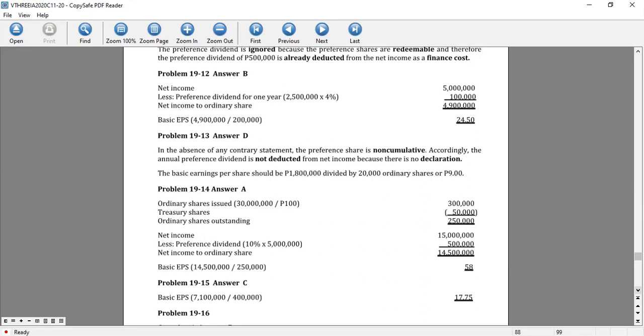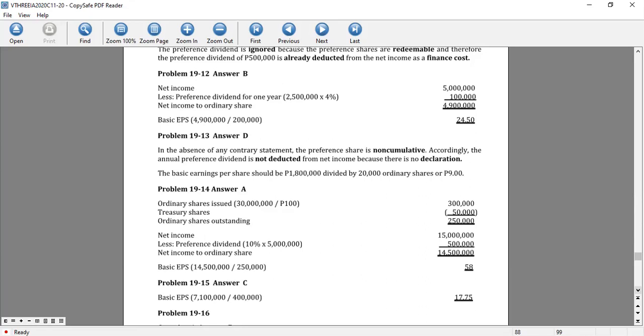So from the net income of 7.5 million, we have to deduct the share of the preference equity, even though there is no declaration on the preference or the ordinary shares in 2019 or 2020. However, the preference shares outstanding are considered to be cumulative.